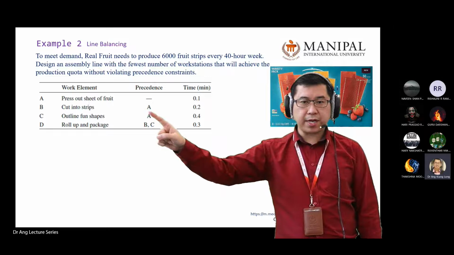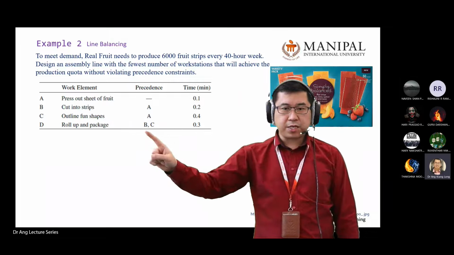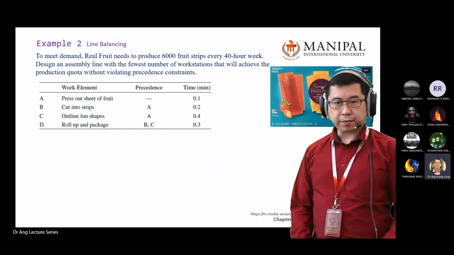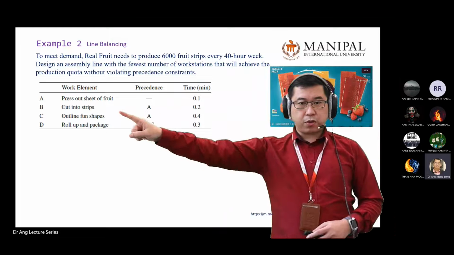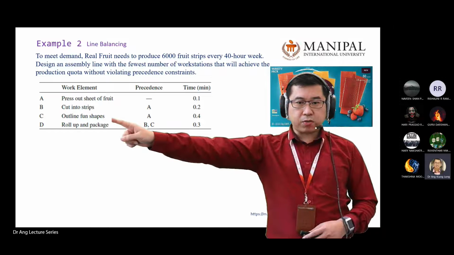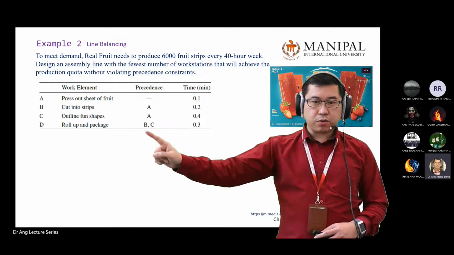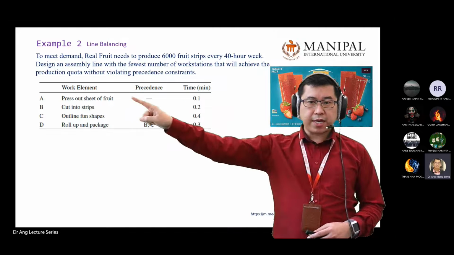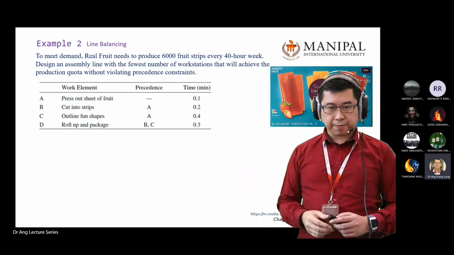For example, A is required for B, A is required for C, B and C are required for D. Precedence also means before you go into B, you need to go through A. Before you come to C, you need to go through A. Before you come to D, you need to go through B and C. The time for each process: A is this one, B this one, C this one, D this one.